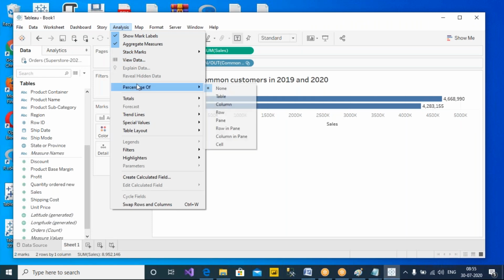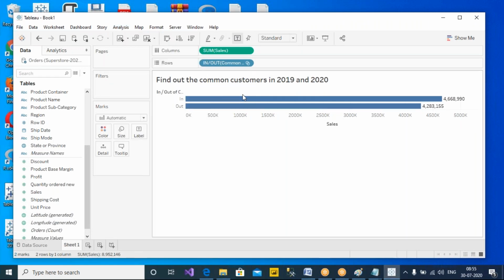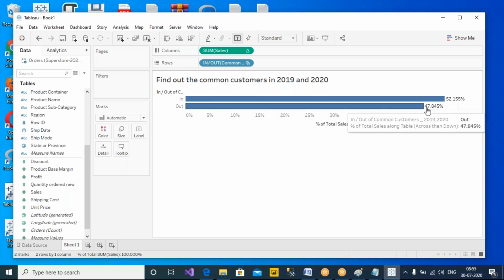Go to analysis, percentage of the table, and with the common customers, you are getting 52% of the sales. So don't lose your common customers. That means the existing customers, don't lose them, because with the new customers you're not getting too much of sales. It's like 50-50, we can say that. All right, so this is how we can find out the common customers in 2 different years.